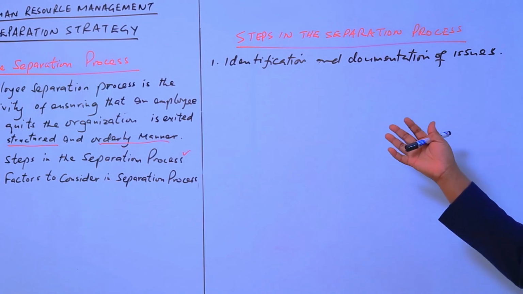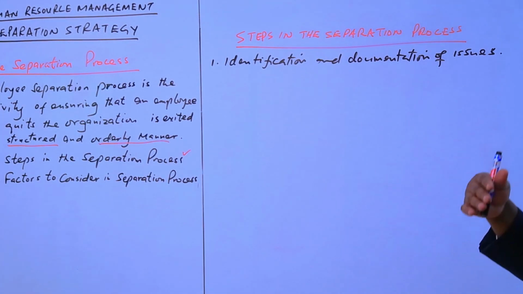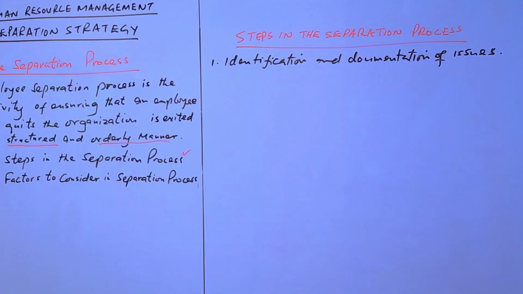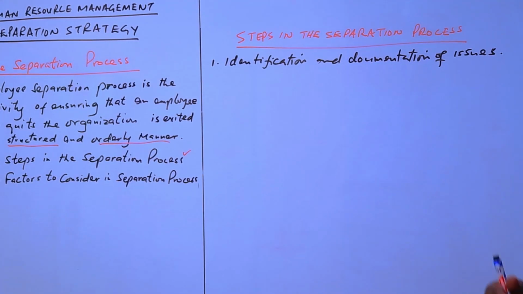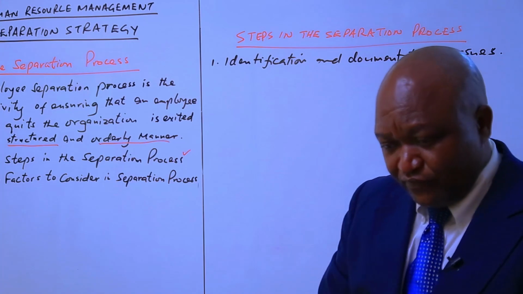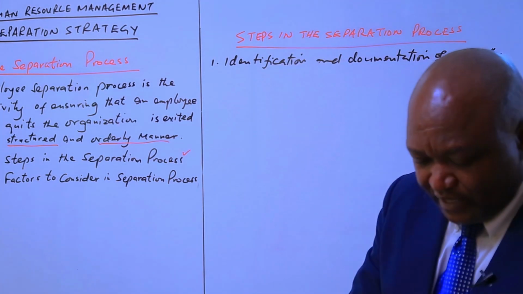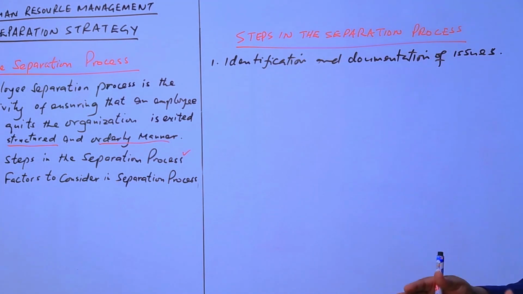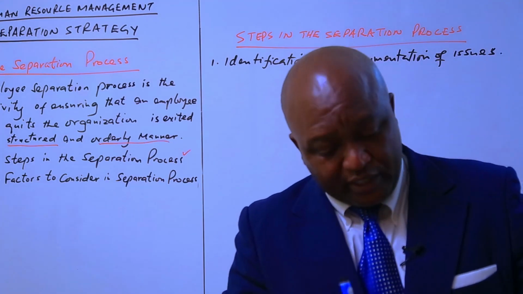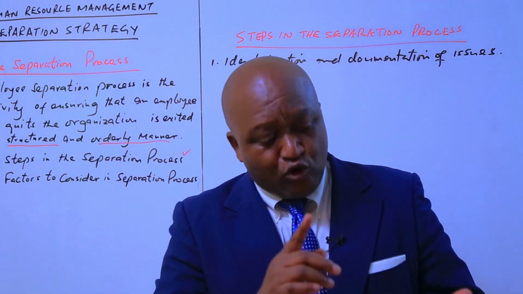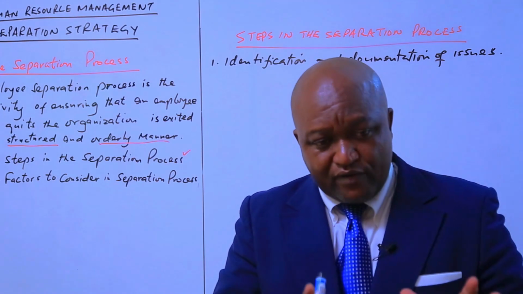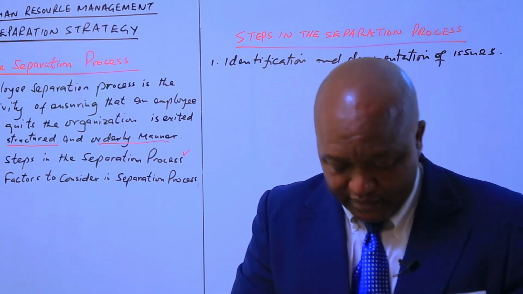So it is important, dear learner, that if it is envisaged that separation may occur, for example, if it is about the poor performance of a worker, then that poor performance should be documented, and issues put together, and intervention measures tried, so that when it comes to termination, all these have been documented. So the first step, as a practitioner, is to identify the issues, document them very well, and put them on file so that they can inform decision making.